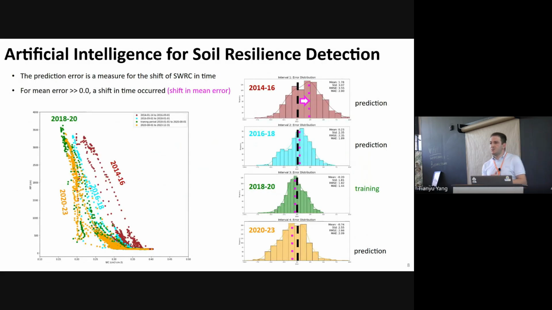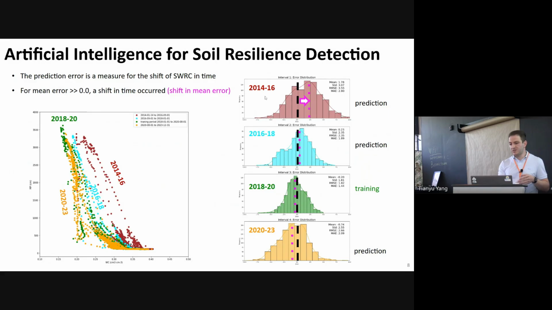And this is just an example of the results of the model, where we train our model on 2018-2020. We can see for the blue one and the yellow one, the shift was very limited. The black color is the mean of the error distribution for the training period, and the pink line in each of the curves is the mean of the error for each period.